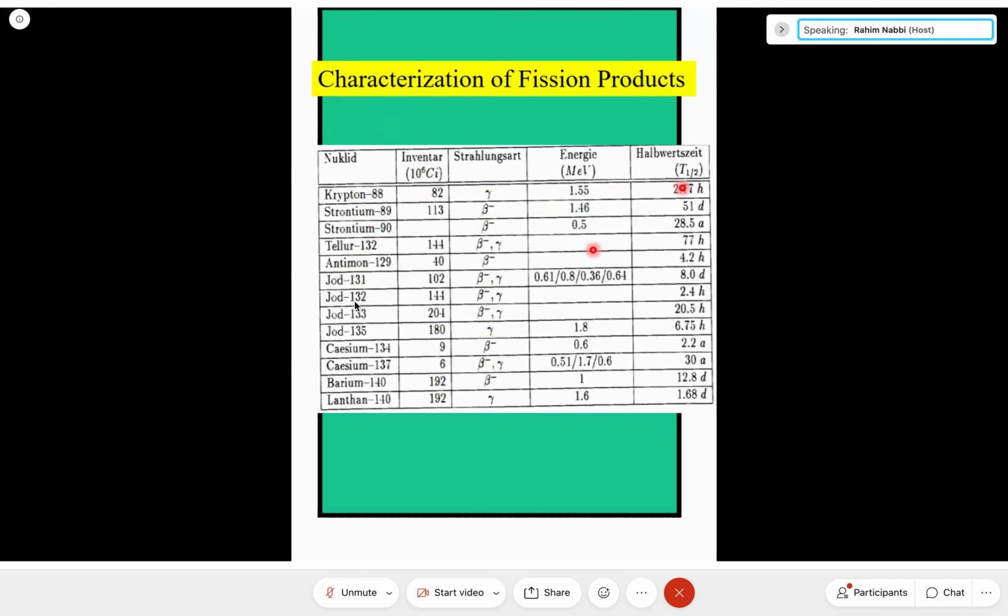And finally, you find in this column here the half-life, and you see, compared with the half-life of minor actinides, for example, the actinides here are short. But you find here some, for example cesium-137, it is a big one, with 30 years.